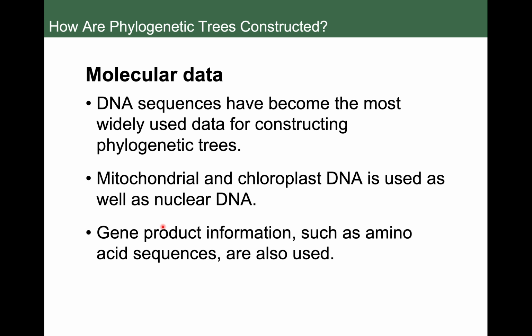If your DNA is the instruction manual for building the organism, it makes sense to argue that, okay, if two organisms have more similar DNA sequences, they are probably more closely related than two organisms that have very different DNA sequences. And as we sequence more and more genomes, right, we have just a huge amount of data that we can use in helping us to construct these trees.